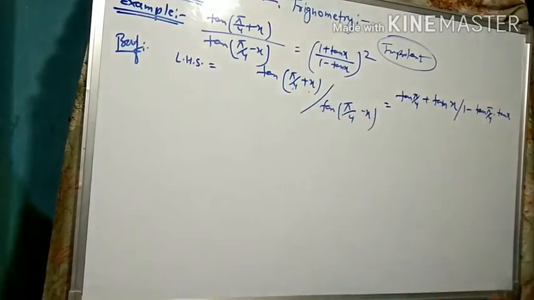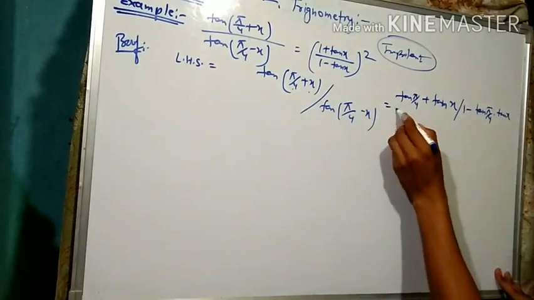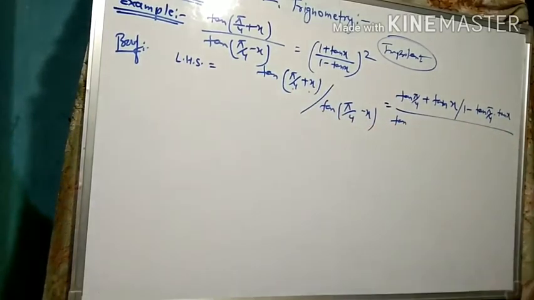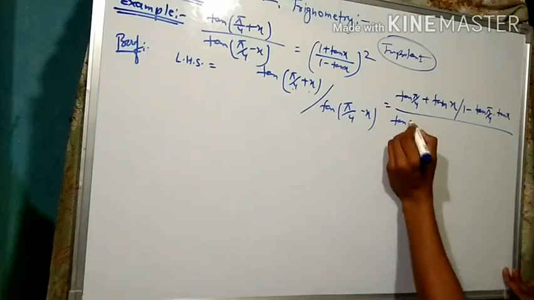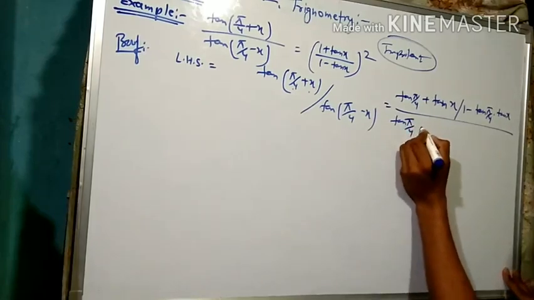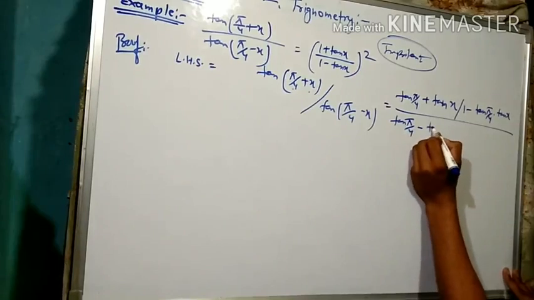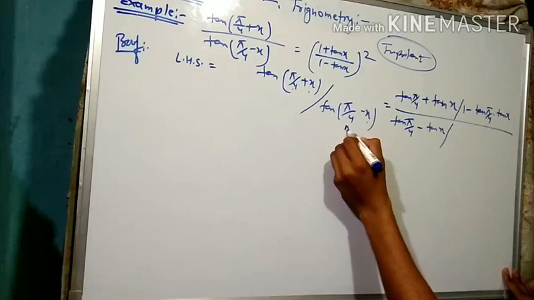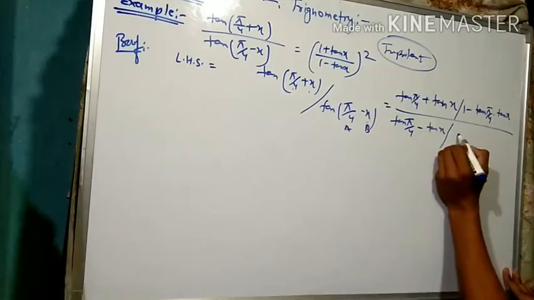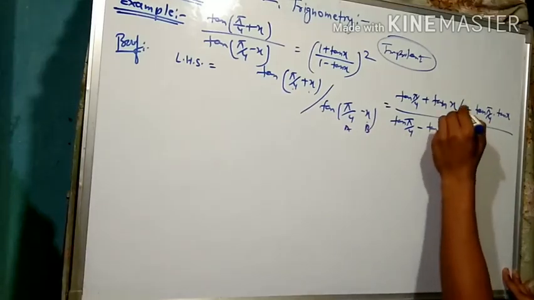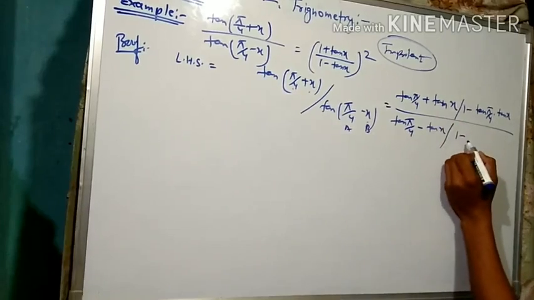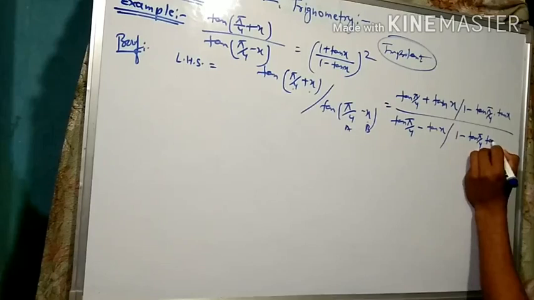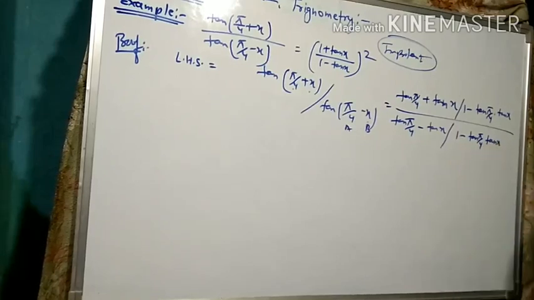Similarly, tan(a minus b). What is the formula of tan(a minus b)? Tan a minus tan b upon 1 plus tan a into tan b.